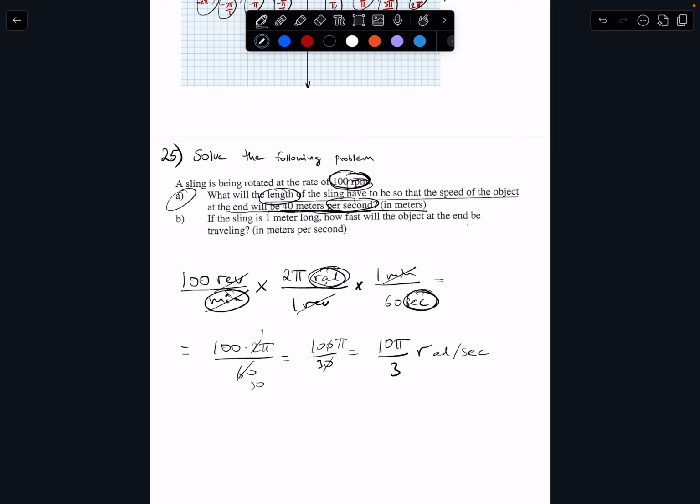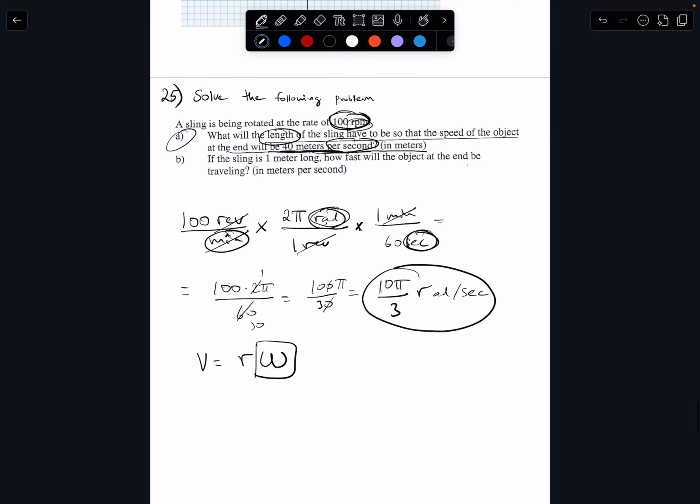First of all, we have the velocity, so that's 40 meters per second, right? So we're going to use the formula velocity equals radius times the circular rotational velocity. And we know the circular velocity, so that's 10 pi over 3. So we're going to manipulate this formula to find r.